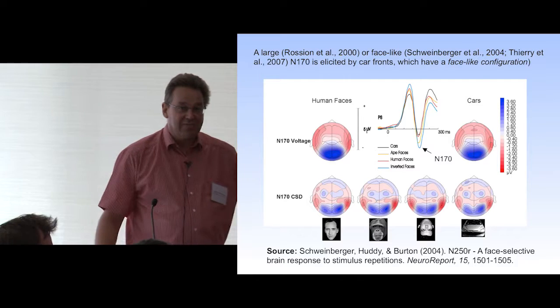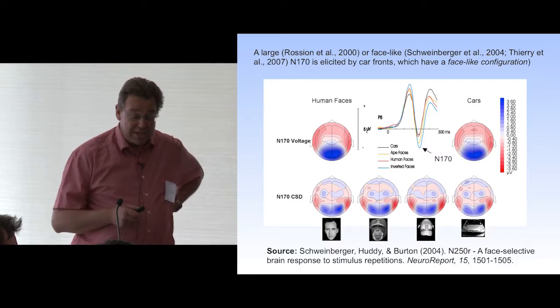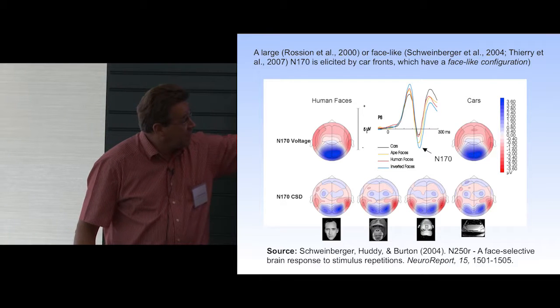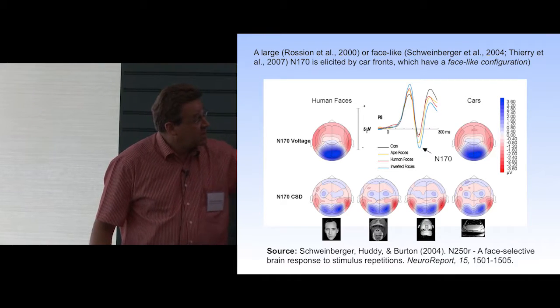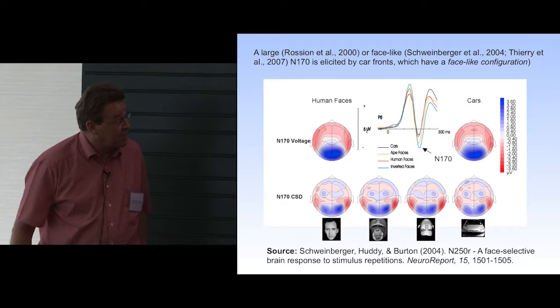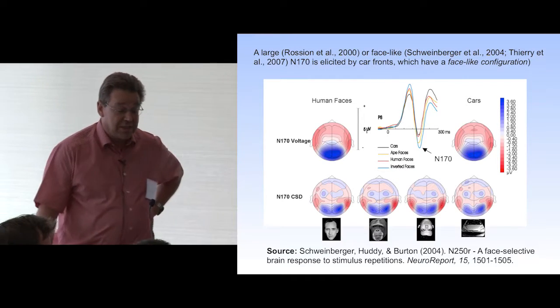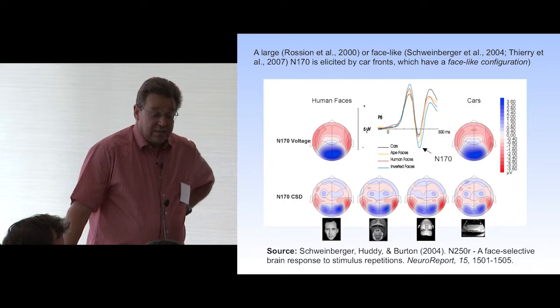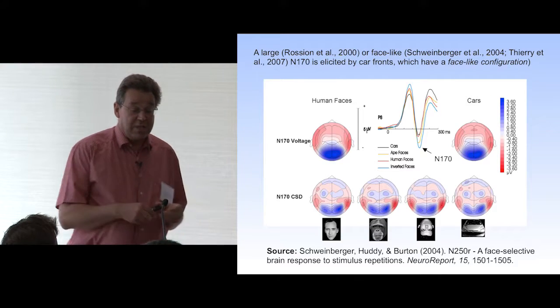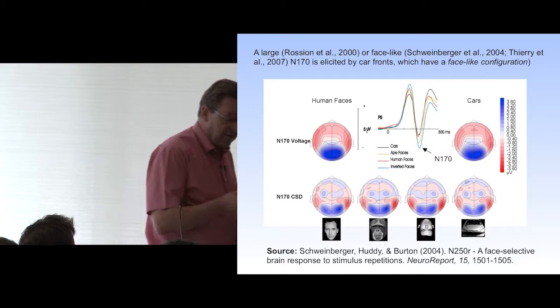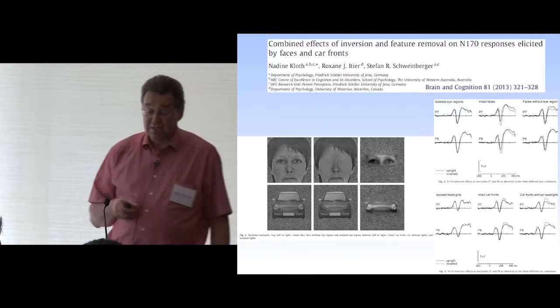So basically, if you compare these traces, and you can also compare the topographies of the N170 for faces on the left-hand side and for car fronts on the right-hand side, and they are virtually indistinguishable. So the conclusion here could be that the N170 is sensitive to the detection of a face-like configuration.